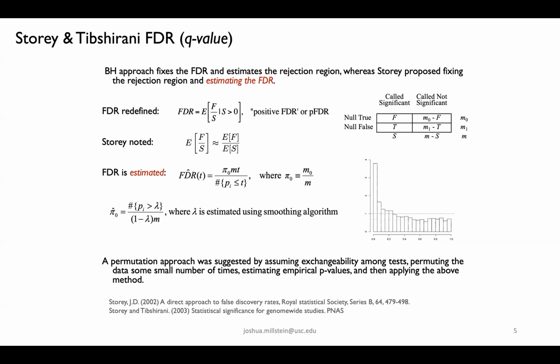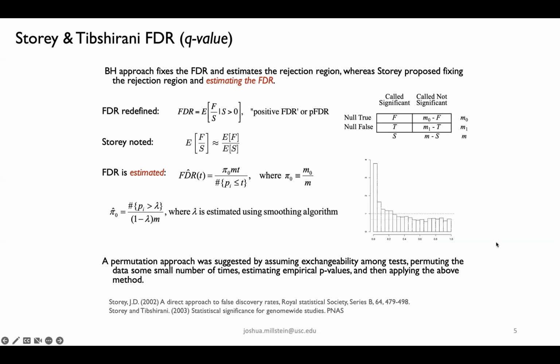They use this approximation where we break the expectation up into two parts: the expected value of F divided by the expected value of S. It's approximately the same. They introduced this idea of pi naught, which is the proportion of true nulls, and a method of estimating that.